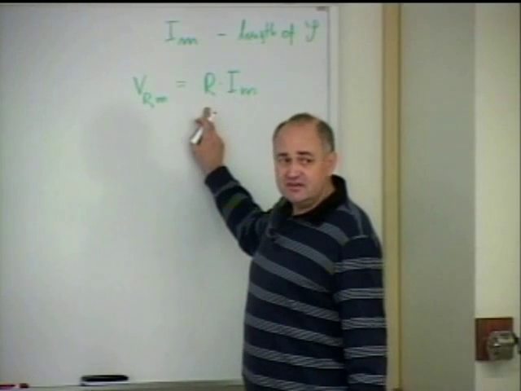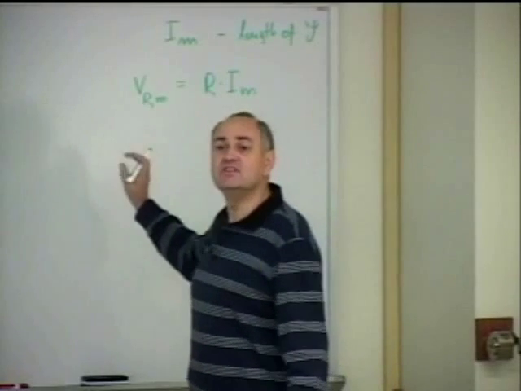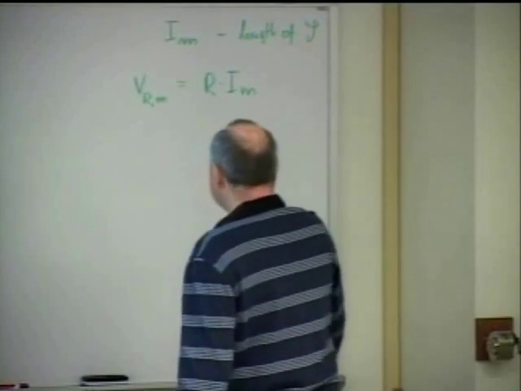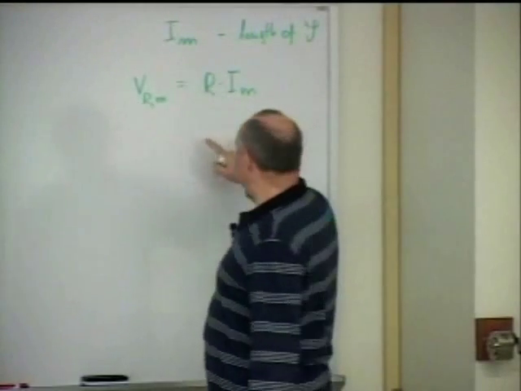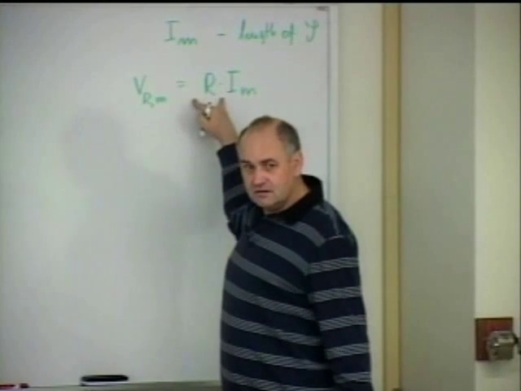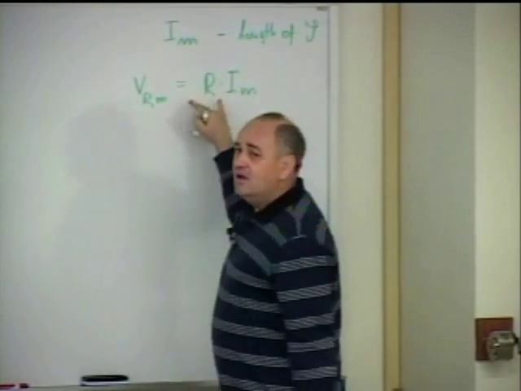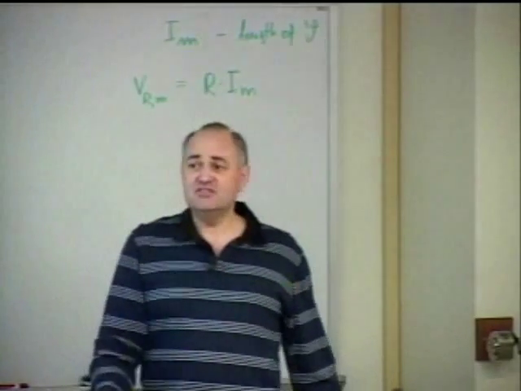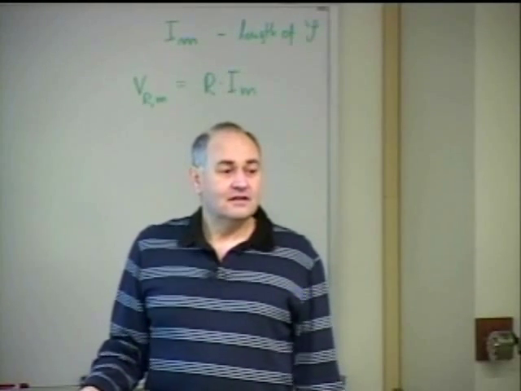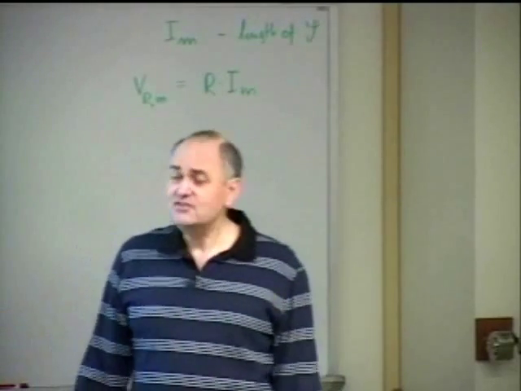I think that last week we were relating these. What were equal and what were not equal? Impedance, correct. The peak value of the voltage is equal to the peak value of the current multiplied by the impedance of the resistor. But by coincidence, the impedance of the resistor is equal to its resistance, so I have resistance.